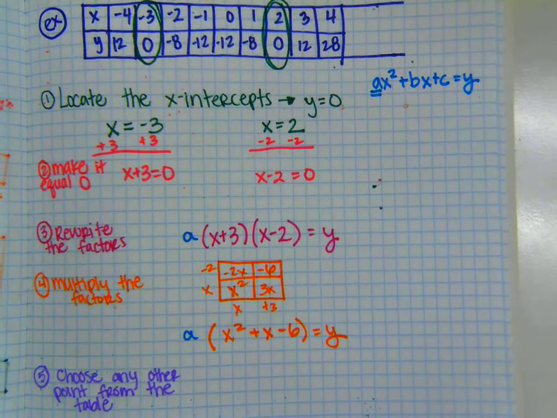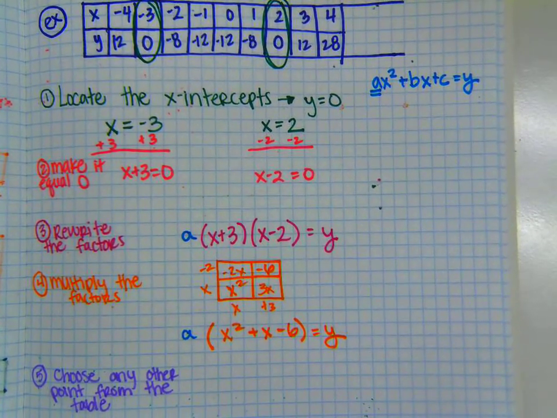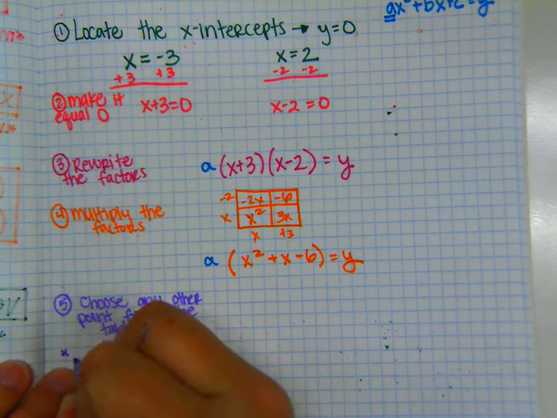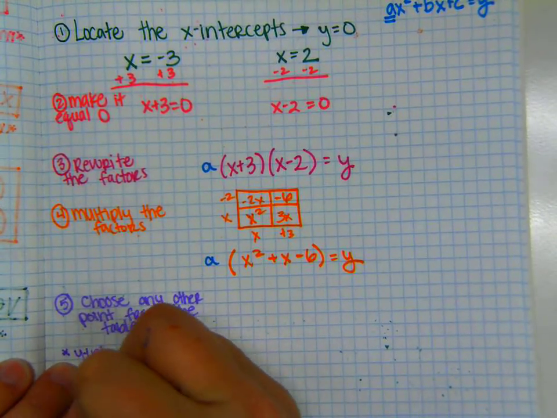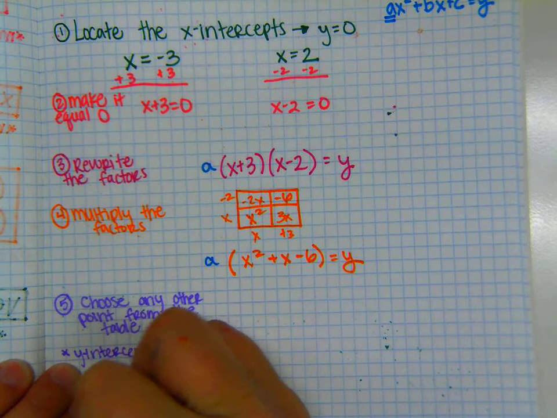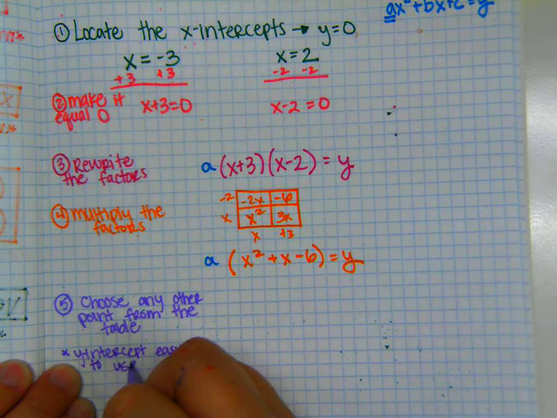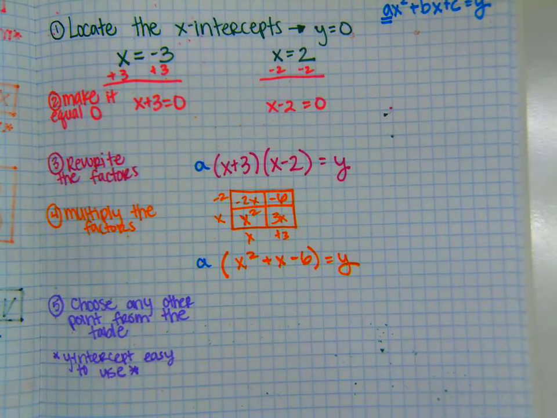Now you can choose any point, it doesn't matter. I like to choose the y just because it's an easy point to use. Okay? So I'm going to put on here y-intercept, easy to use. But you can use any point you want. I just like to use the y-intercept.